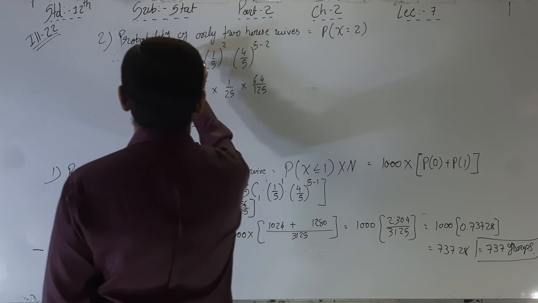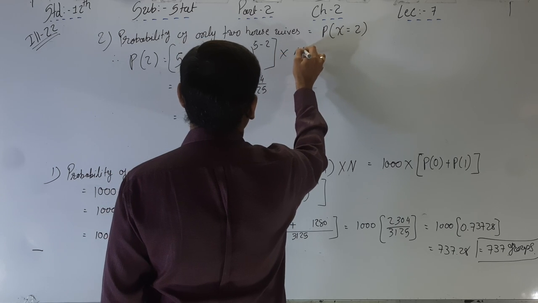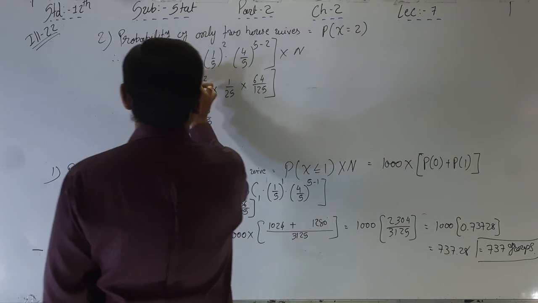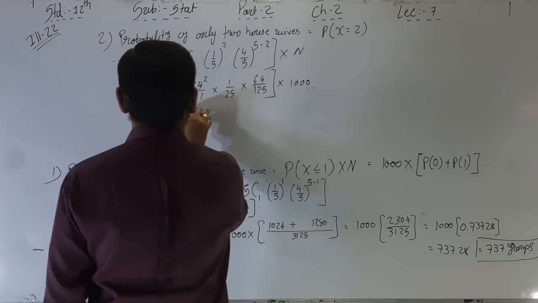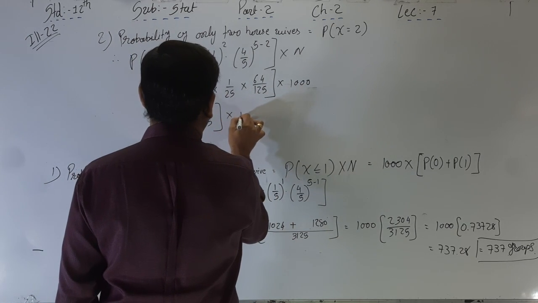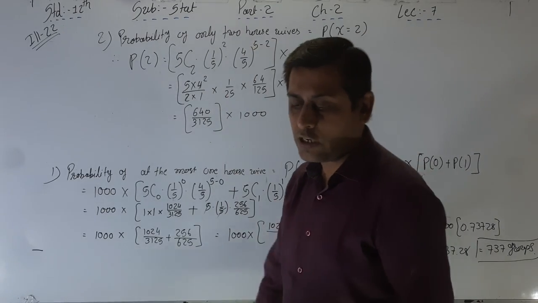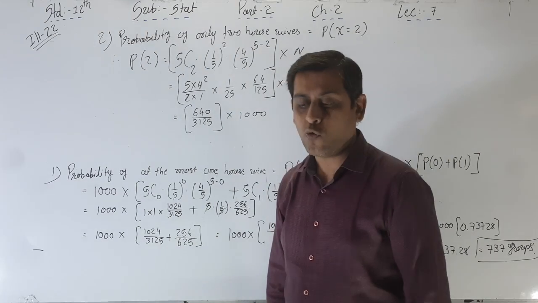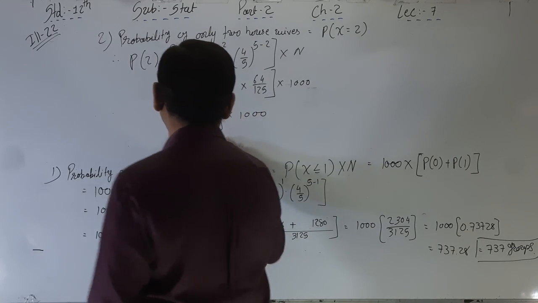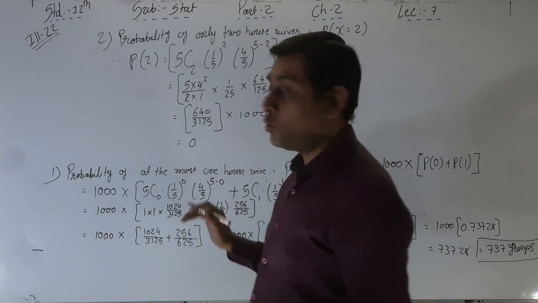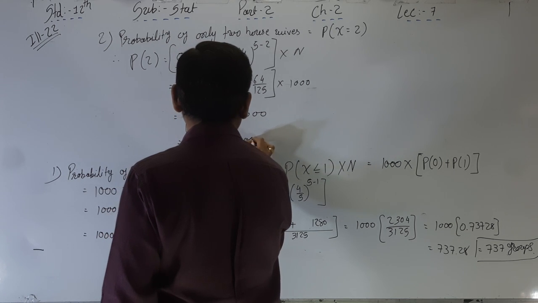3125, but here we want the answer in groups. That's why we have to multiply this probability with 1000. Find out the answer. 640 divided by 3125 is equal to 0.2048, into 1000.